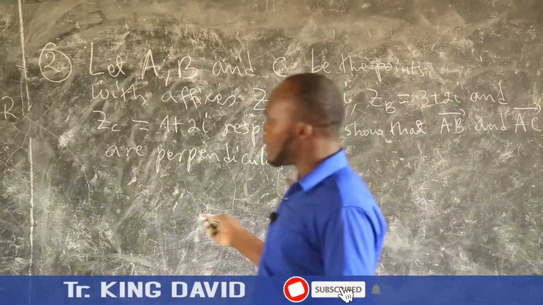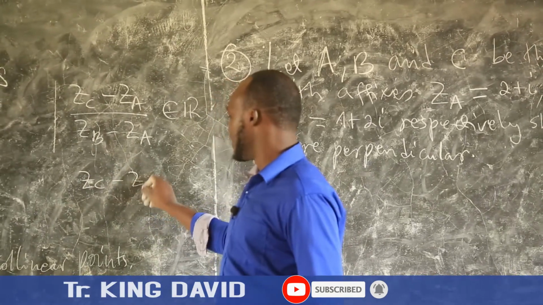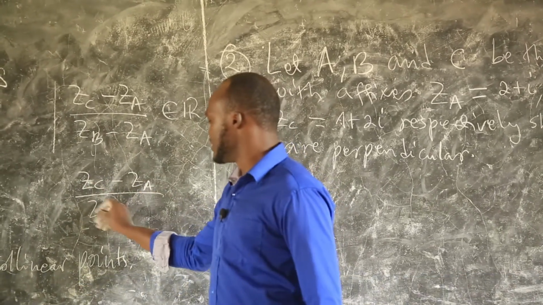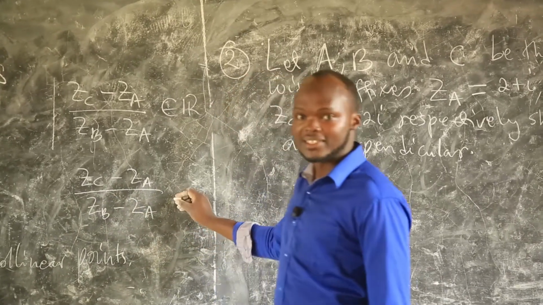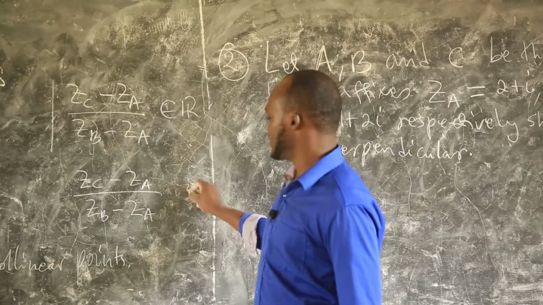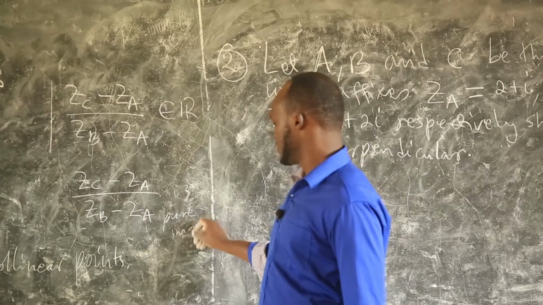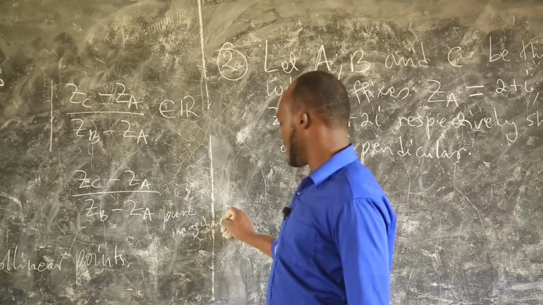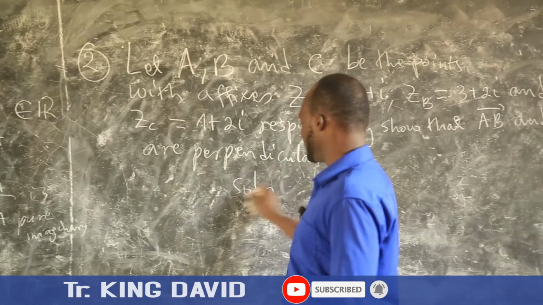So we have seen that they are perpendicular if ZC minus ZA over ZB minus ZA is pure imaginary. Is what? Pure imaginary. So let us try to answer number 1.